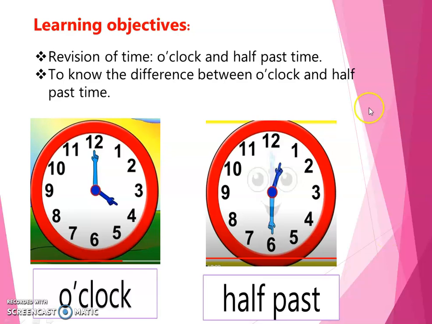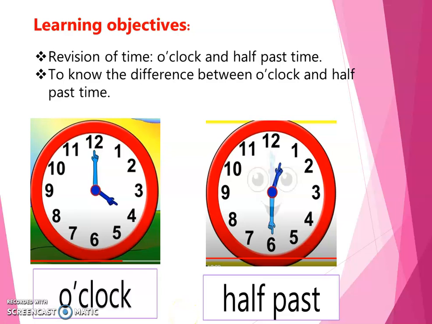Since the small hand is in between 12 and 1, the time is half past 12. It's still half past 12 because the small hand has not yet reached 1. So that is the difference between o'clock and half past time.